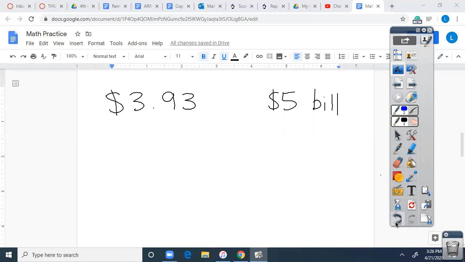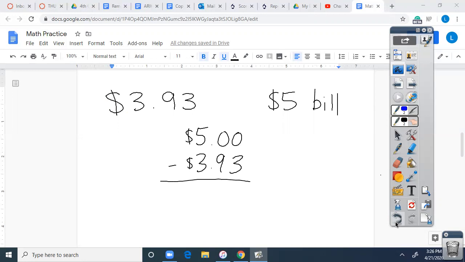You gave them too much money. $5 was more than it cost. How do you figure out how much you get back? Well, you got to subtract, right? $5 minus $3.93.